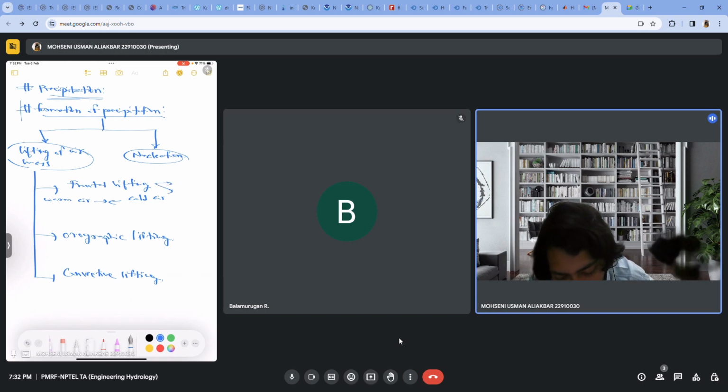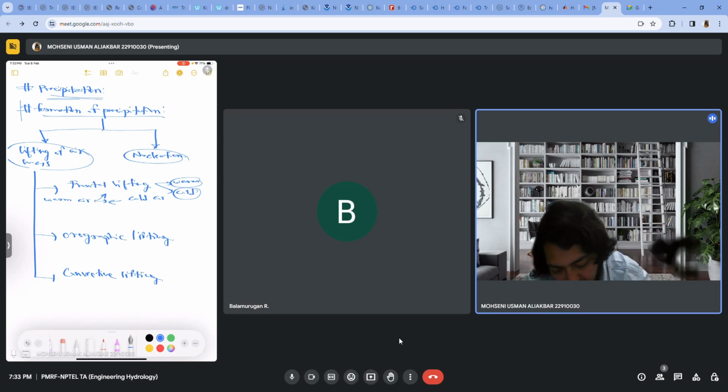One is called warm frontal lifting and the other is called cold frontal lifting. When these two collide and warm air moves up, it is called warm frontal lifting. Similarly, if cold air moves up, it is cold frontal lifting. So this is the first way, where there is a difference in temperature between the air masses, and because of that lifting occurs, which is called frontal lifting.